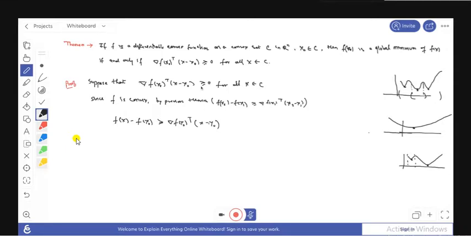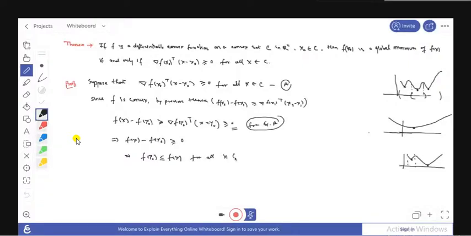So this implies f(x) minus f(x naught) is greater or equals to 0, or you can say that f(x naught) is less or equals to f(x) for all x that belongs to the convex set C. This means f(x naught) is always less or equals to the function value at any x which belongs to the convex set C.